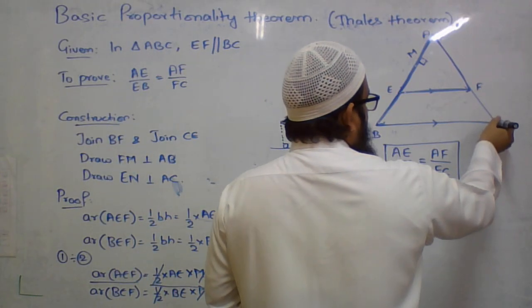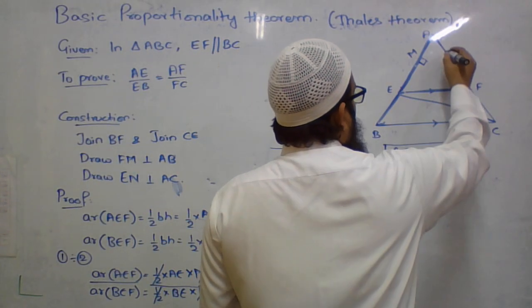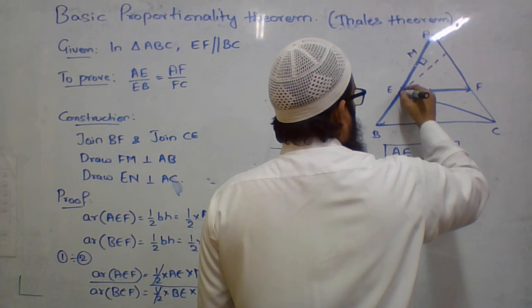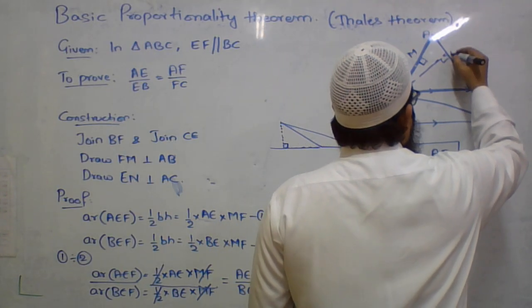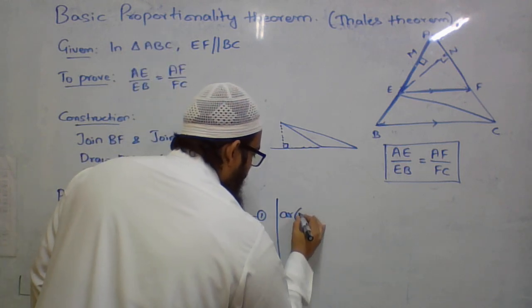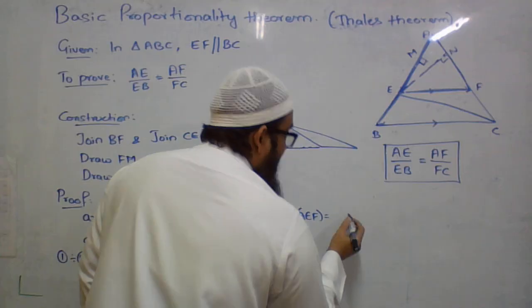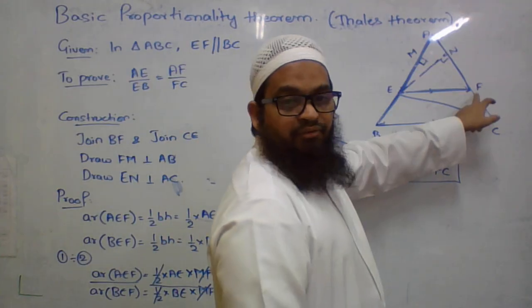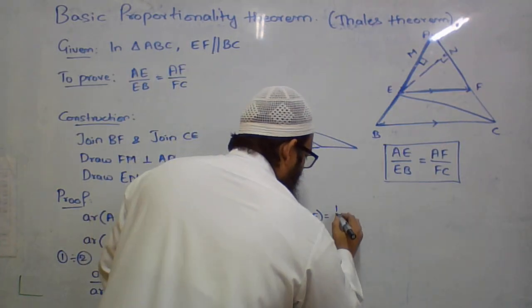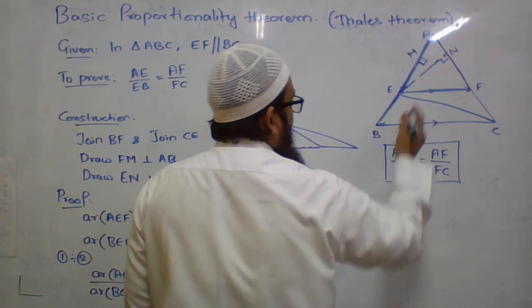Now join Z and after that draw a perpendicular EN. So let us continue the same step. Now area of triangle AEF with base AF: half into AF into height EN.